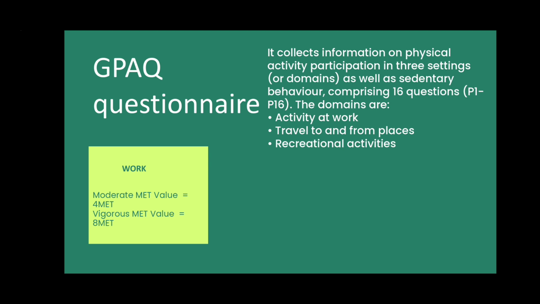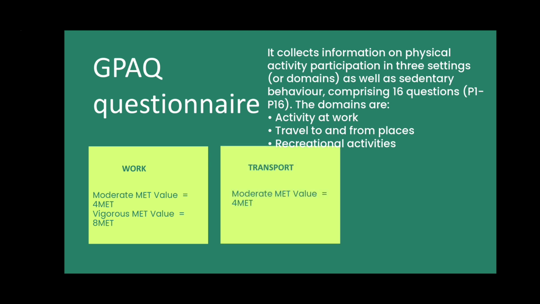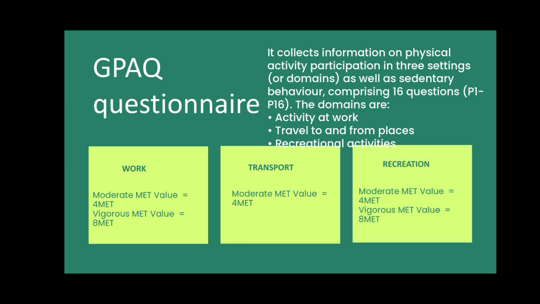For vigorous activities we assign 8 MET. In case of transport there is only one category, that is moderate, and we assign 4 MET for this activity. In case of recreation, we assign 4 MET for moderate activities and 8 MET for vigorous activities.